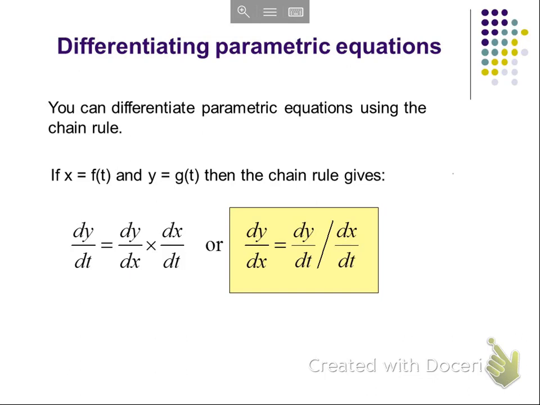We can also differentiate parametric equations using the chain rule. If we know what x is equal to, we can work out dx by dt, and similarly dy by dt, and use the chain rule to work out dy by dx.